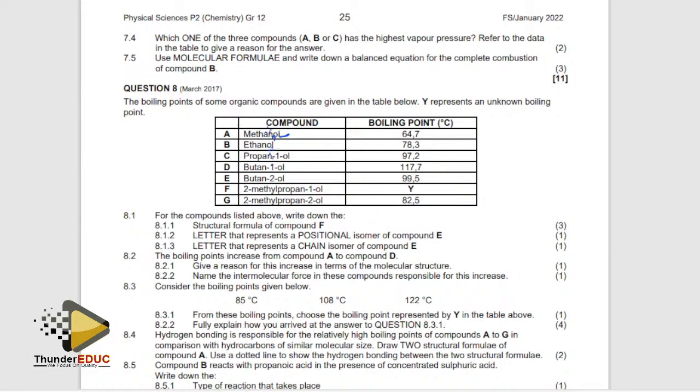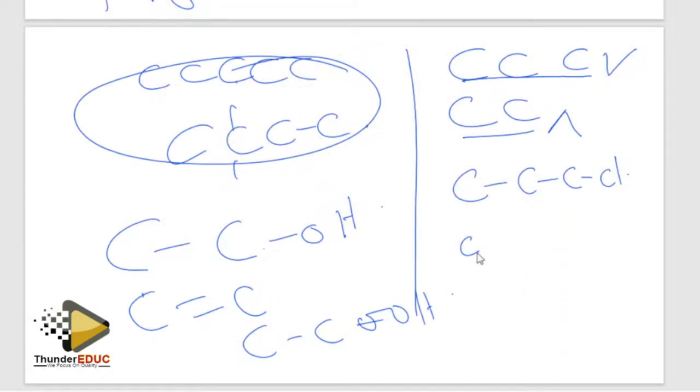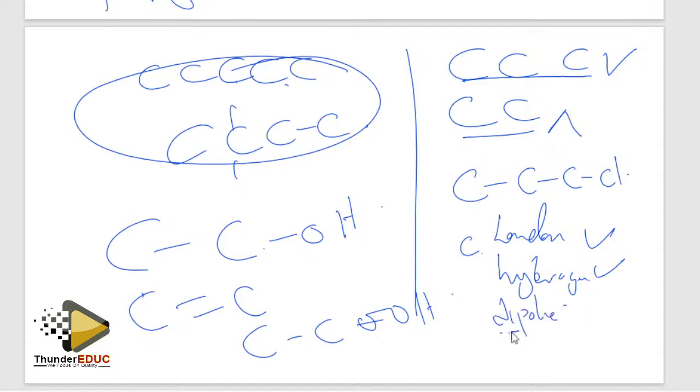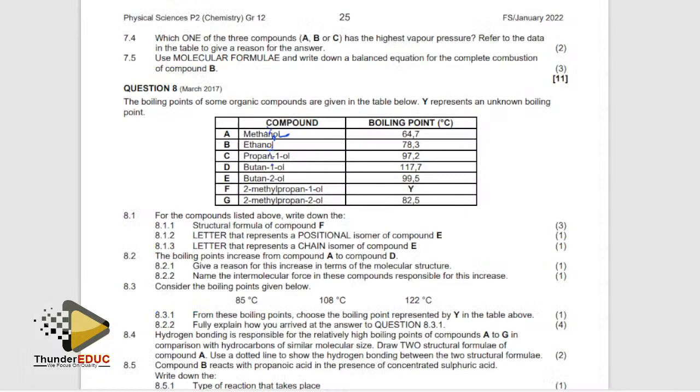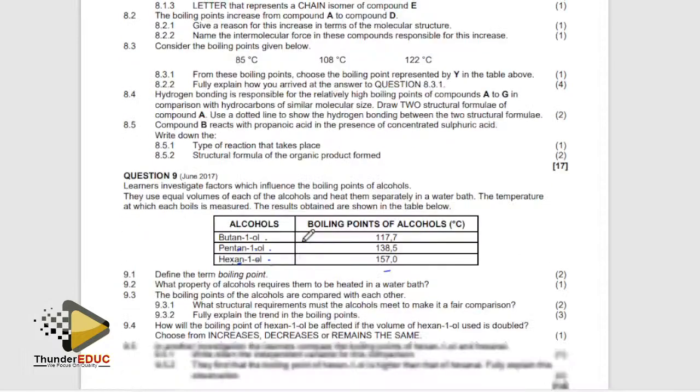If it is alcohol versus alkane, definitely alcohol is going to have a higher boiling point, because alcohols have London force, yes, and then they also have hydrogen bonds. So it means that it's going to have a higher boiling point compared to this. The one which has dipole will have a higher boiling point compared to the London force only. The one which has hydrogen bonds will have a higher boiling point compared to the dipole force and the London forces. Please make sure you know that.